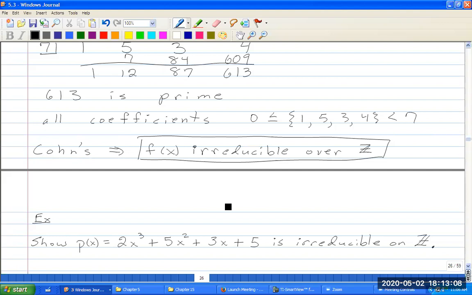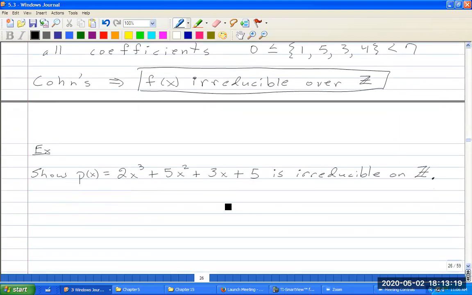Let me do another example. Same sort of thing. I want to show that this is irreducible over the integers.